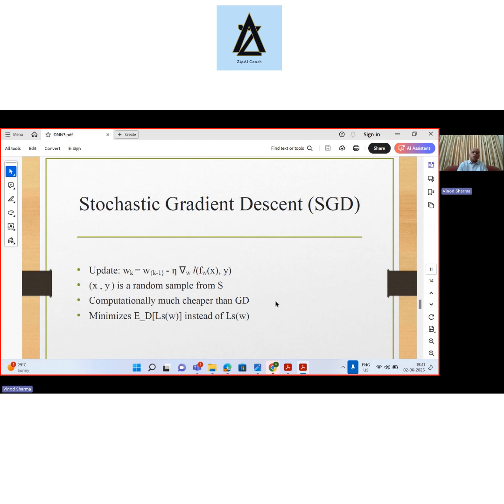And there is one more important property of stochastic gradient descent: it does not minimize empirical risk only, which is done by the gradient descent. It in fact minimizes the expected value of the empirical risk. In other words, it minimizes the loss in the field, which is what is of actual interest to us.